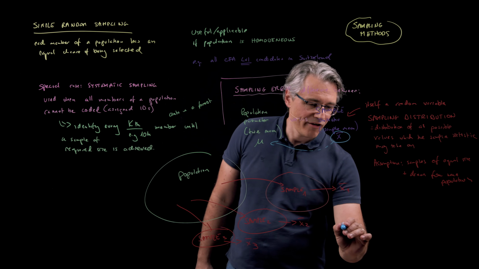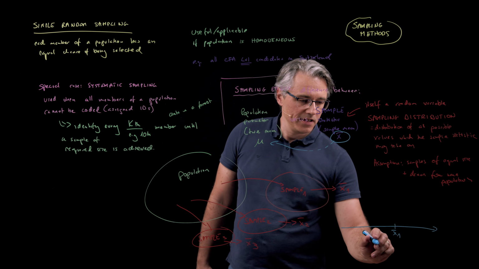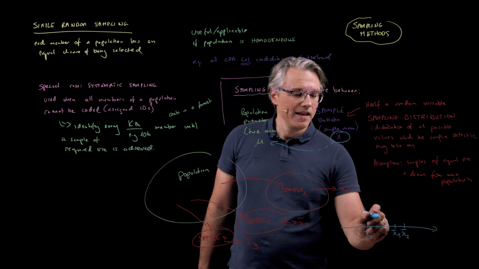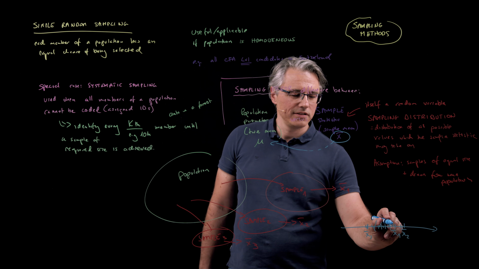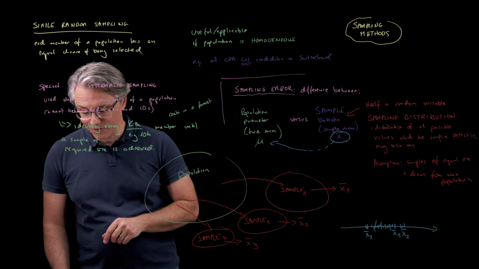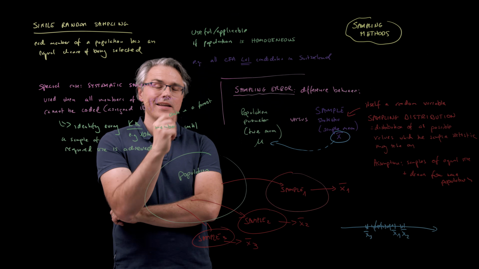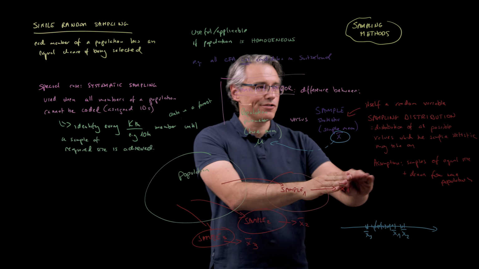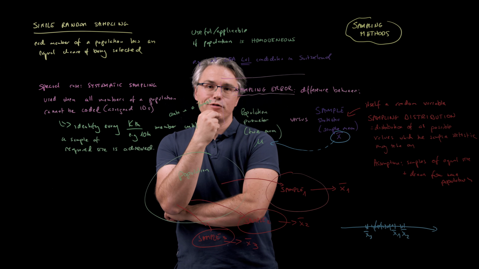The question is, how would they compare to one another? Maybe X bar 1 would be here, X bar 2 here, X bar 3 here. As you do this many times, you'd get lots of data to be plotted. But as you'll discover in the next video on the central limit theorem, if you have a big enough sample, the sampling distribution takes on some very interesting and useful properties.